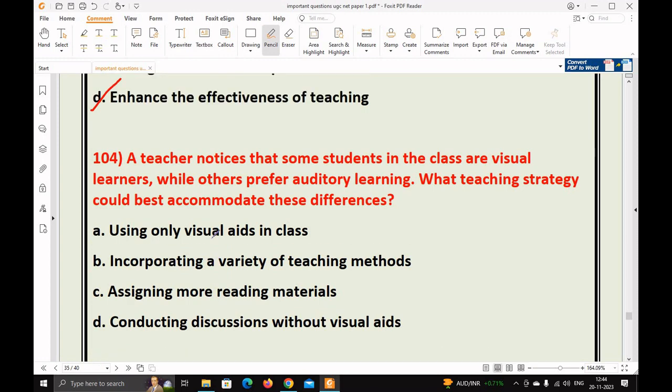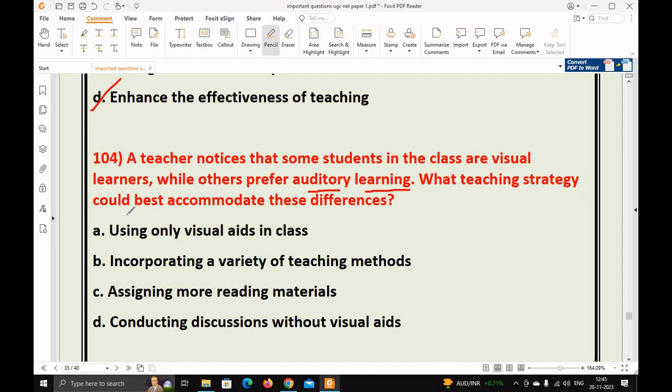Next, a teacher notices that some students in the class are visual learners while others prefer auditory learning. What teaching strategy could best accommodate these differences? So, carefully read the question. A teacher notices that some students in the class are visual learners while others prefer auditory learning.